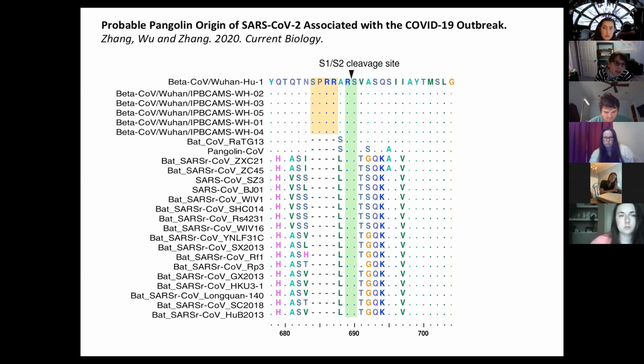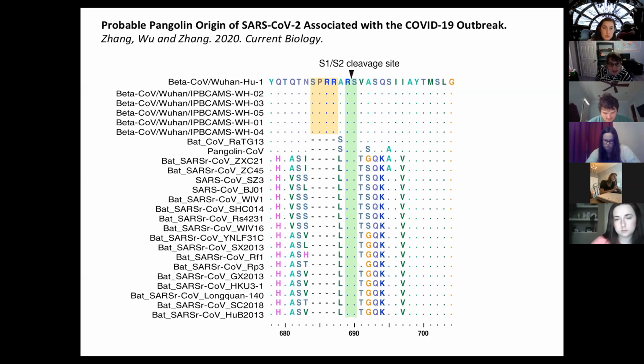And that splitting is what allows the coronavirus to enter our cells. So in order for it to be activated and enter a cell of a mammal, that site right afterwards, the RS, has to be cleaved. And for our cells to recognize it, it needs that little SPRR motif.